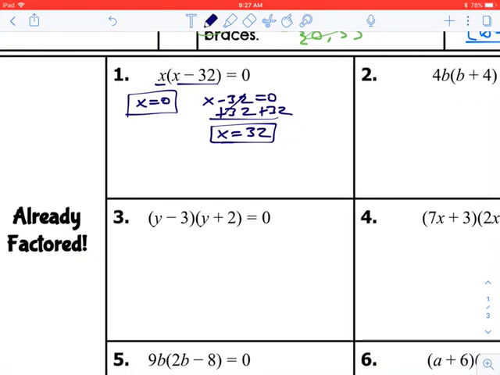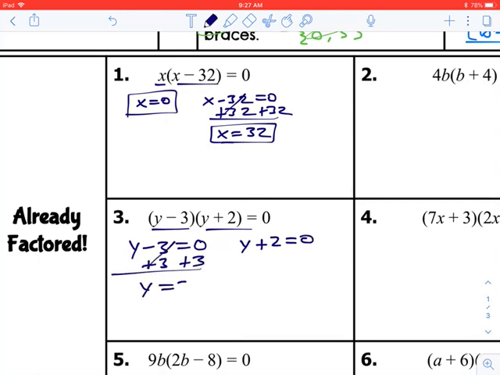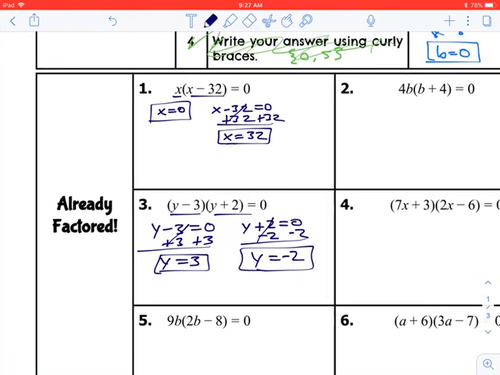Same thing on number 3. I've got two factors, so y minus 3 equals 0. y plus 2 equals 0. Solve both. This first one, add 3. y equals 3. Second one, subtract 2. y equals negative 2. And there we go.